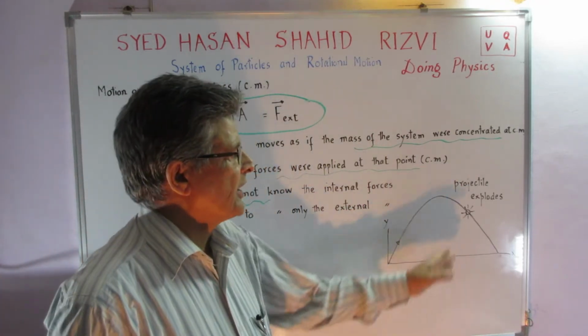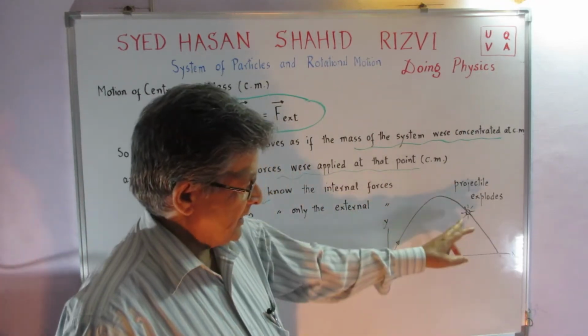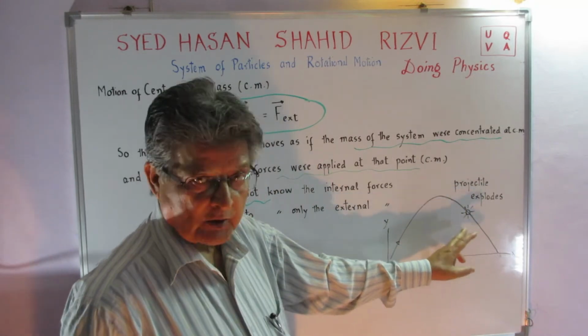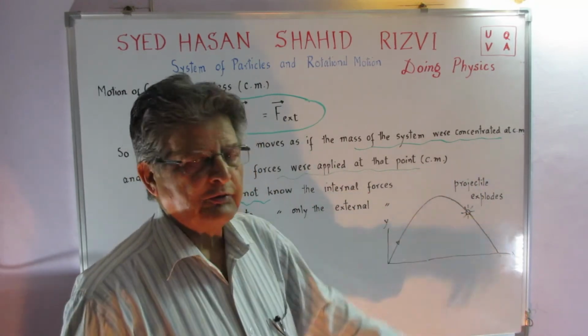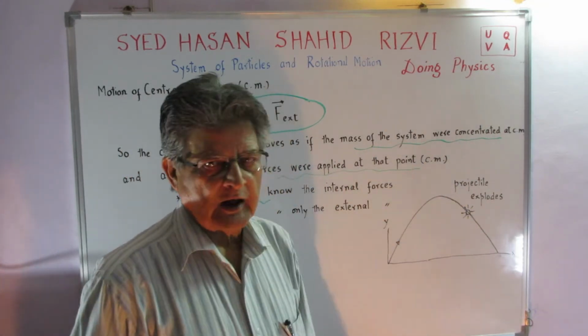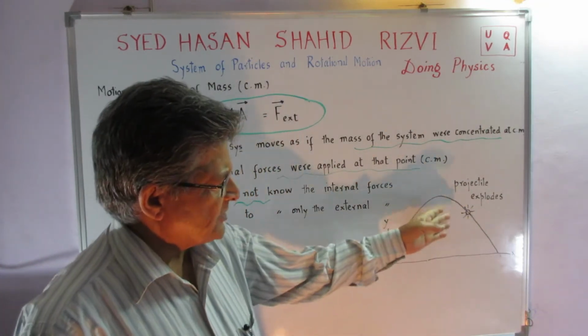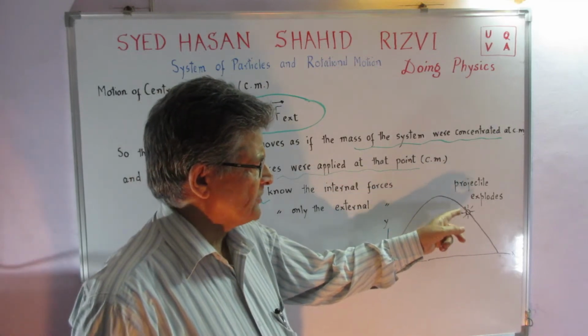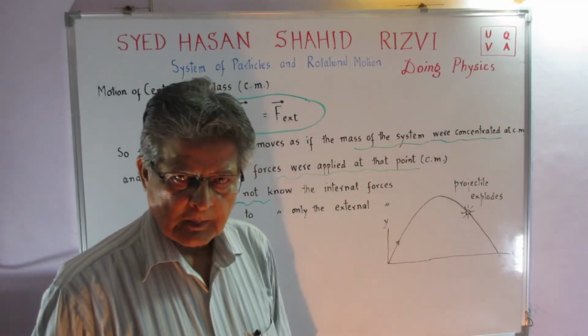So let's call it explosion, and this body of mass m, whatever, is divided into many fragments, and the fragments move in different directions depending upon the instantaneous force or impulse that is applied on those particles.